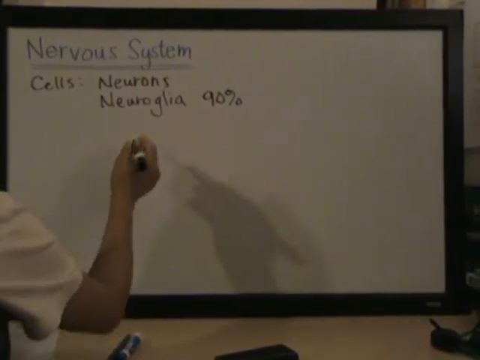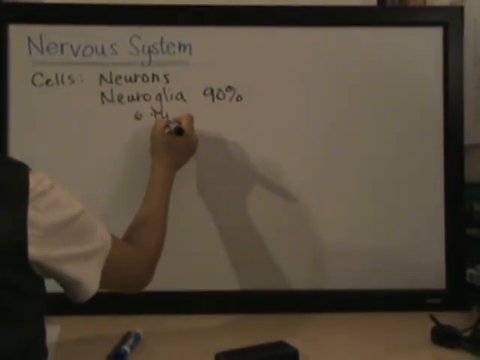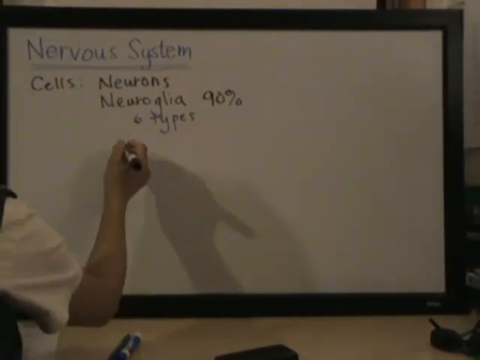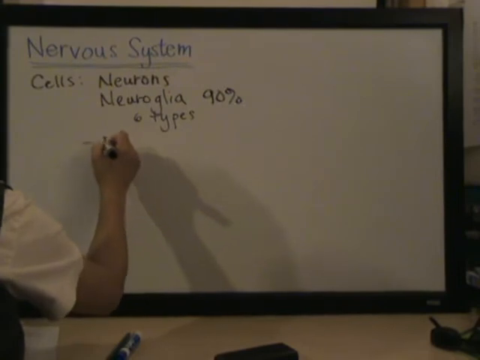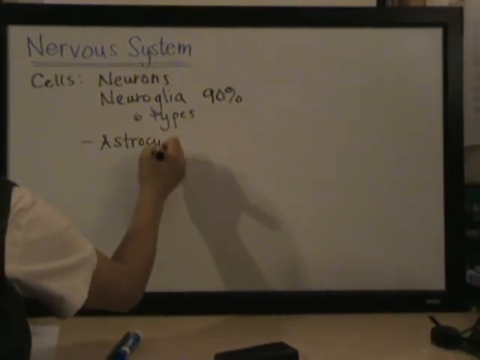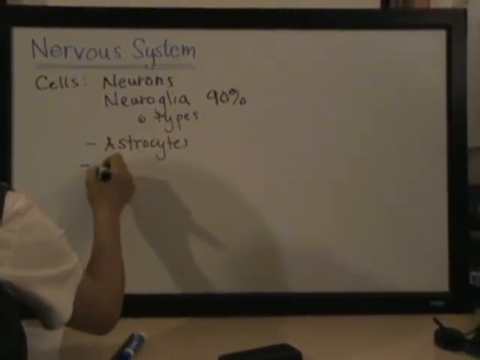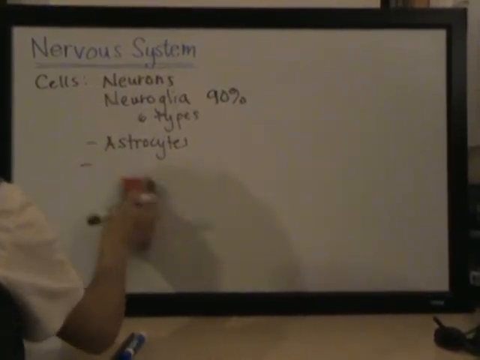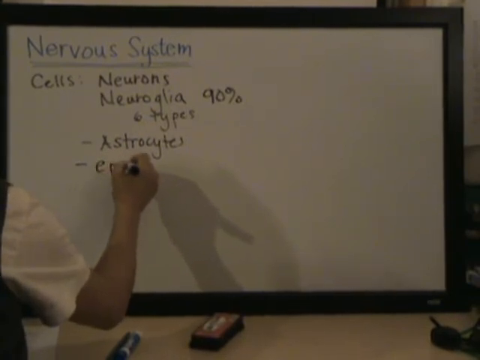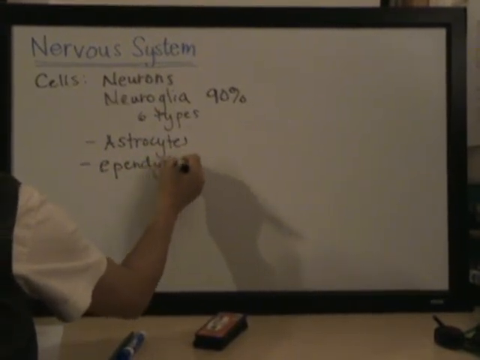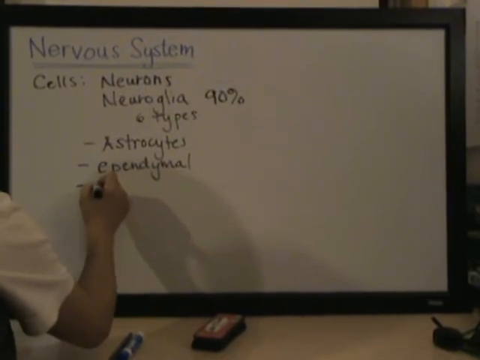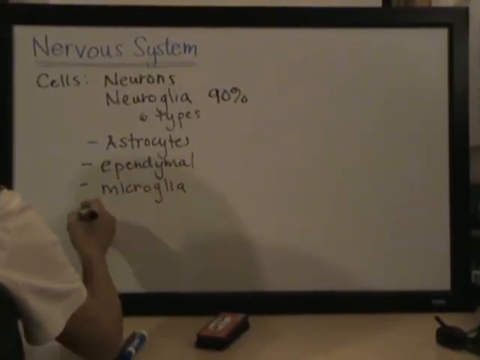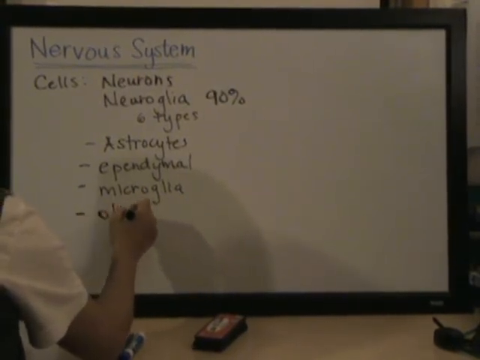Now let's take a quick look at neuroglia. There are 6 types of neuroglia. And again, this is something you've covered in anatomy, but let's talk briefly about some of these. The astrocytes, the ependymal cells, the microglia, and oligodendrocytes.